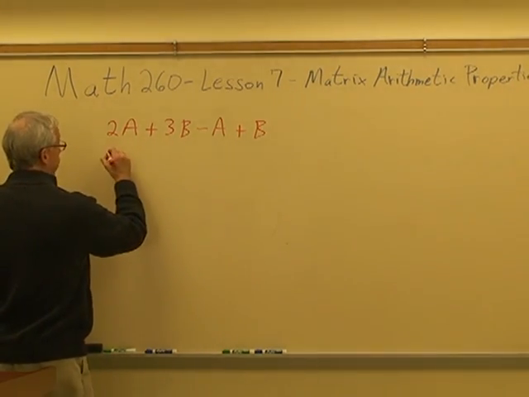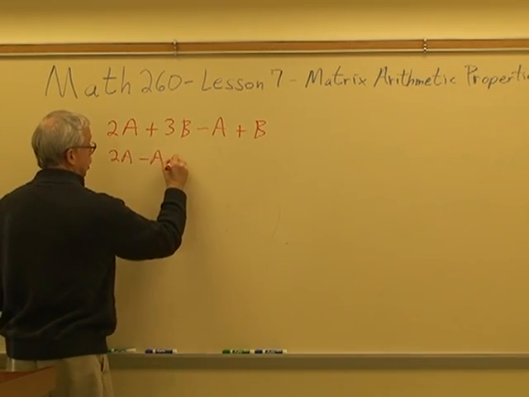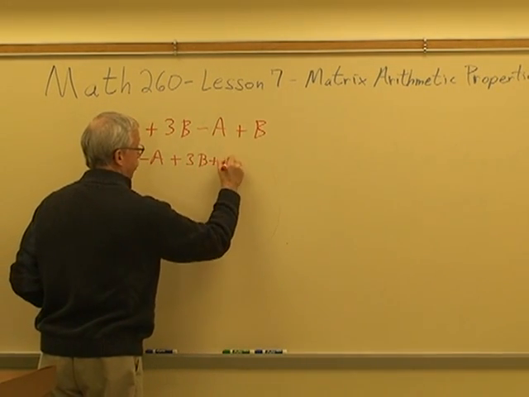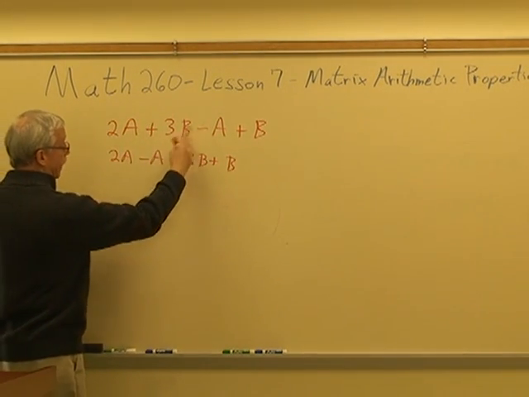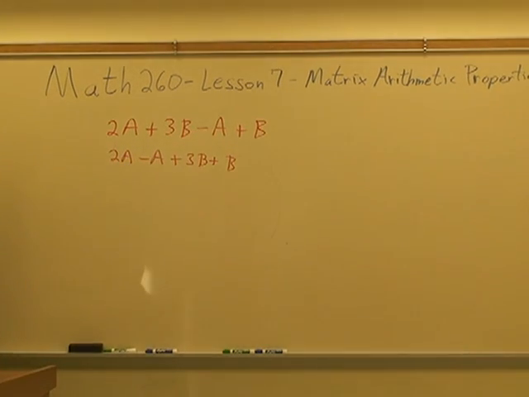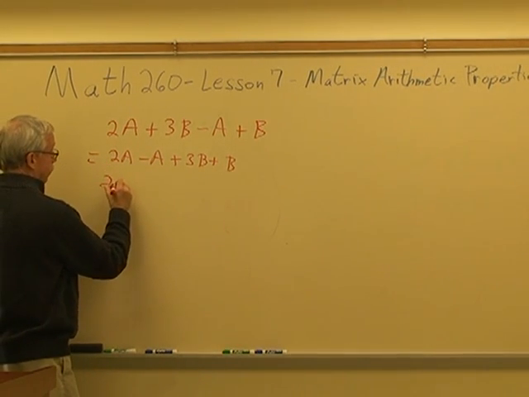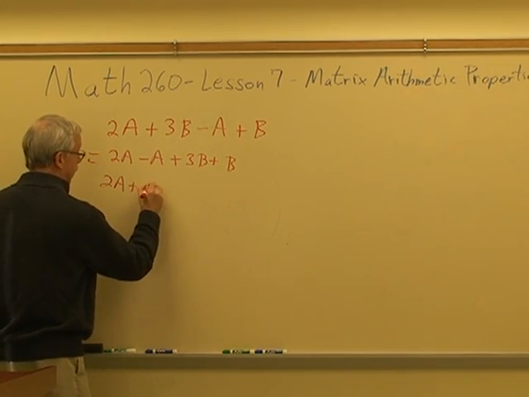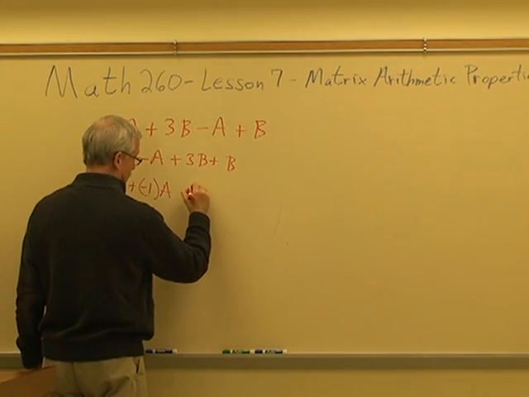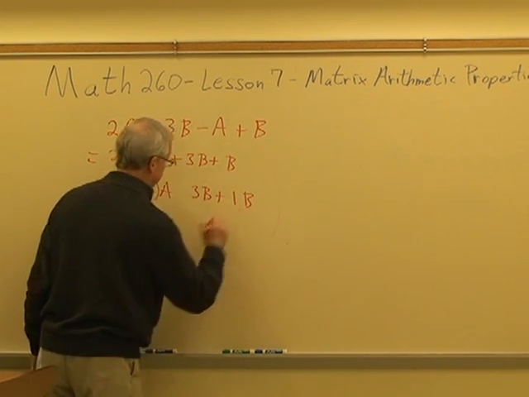So I can switch these around and get 2A minus A plus 3B plus B, right, by commuting these two, because this is really plus negative 1 times A. And if I write it that way, that's 2A plus negative 1 times A, and this is 3B plus 1B.